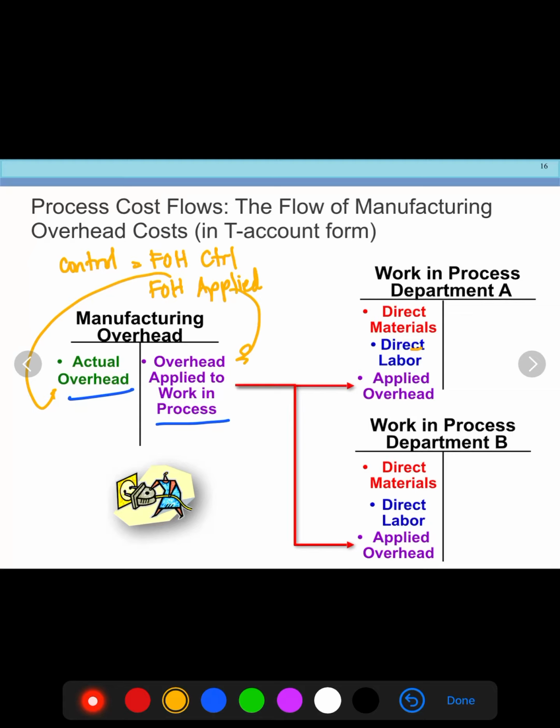But if you are not using a control system, therefore you can use the manufacturing overhead account title, debit it for the actual overhead, and credit it for the overhead applied to work in process.